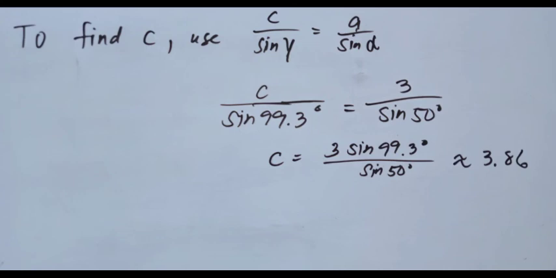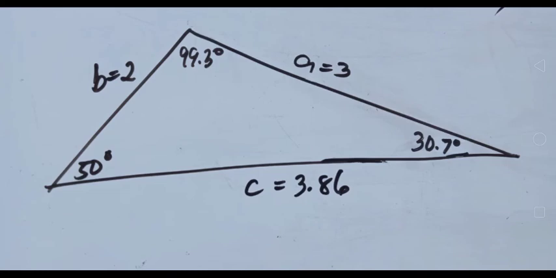Using cross multiplication, c is equal to 3 sine 99.3 degrees all over sine 50 degrees, which is approximately 3.86. So these are now the measurements of the sides and angles of the triangle.